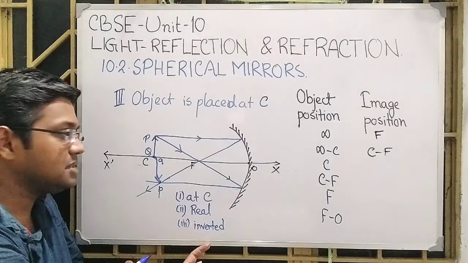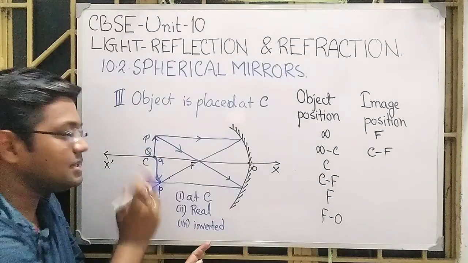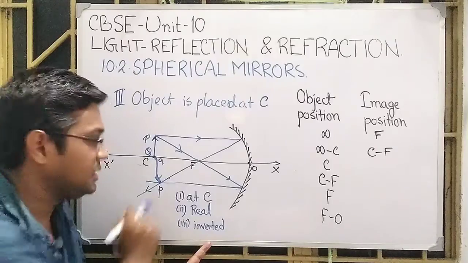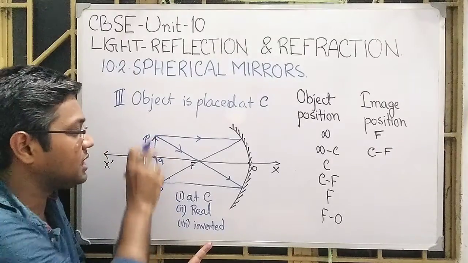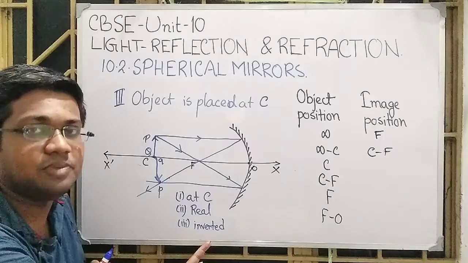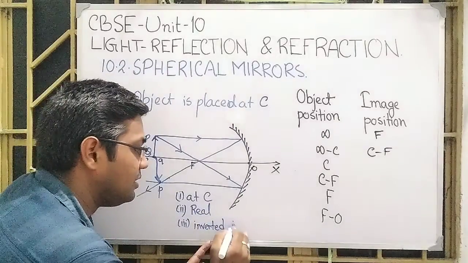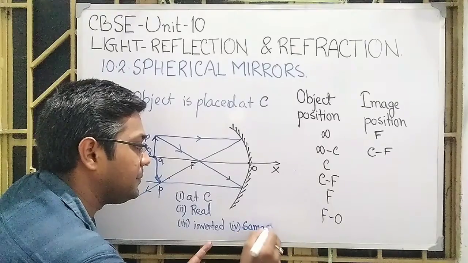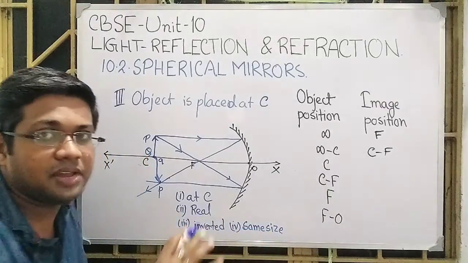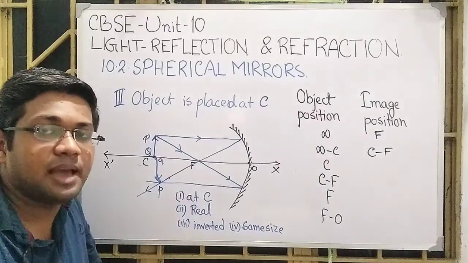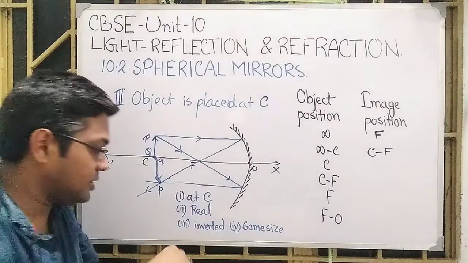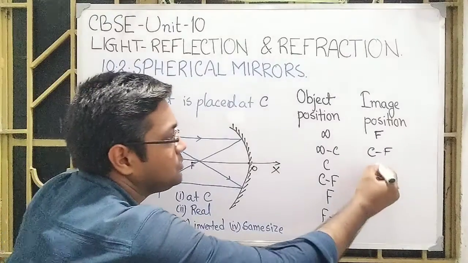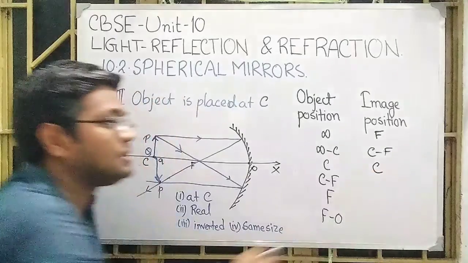Next, is it diminished or magnified or of same size? Here the size of the object and the size of the image are equal, so we can say it is of same size, neither magnified nor diminished, so the magnification is 1. So here I can write down, if the object position is at C, then the image position will also be at C.